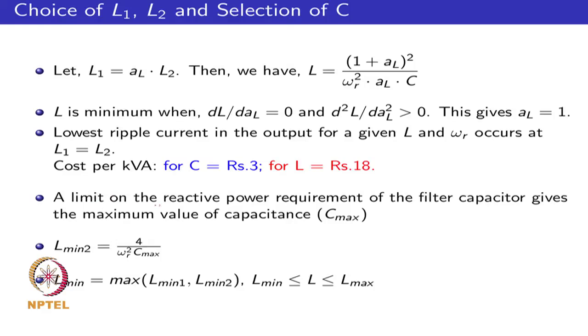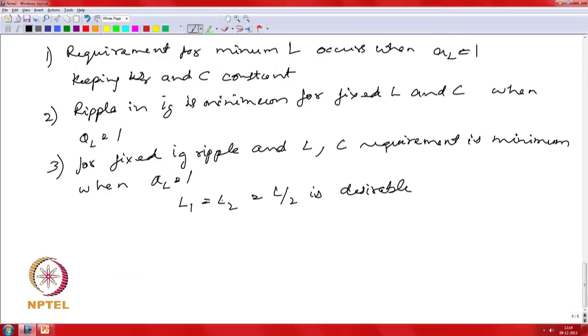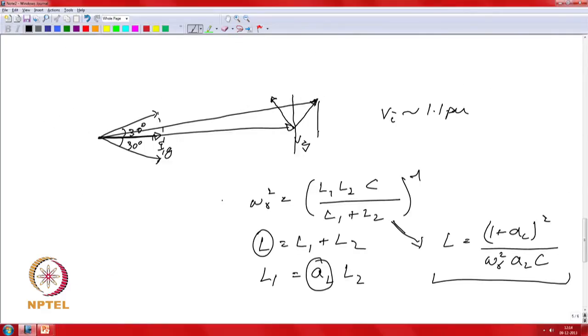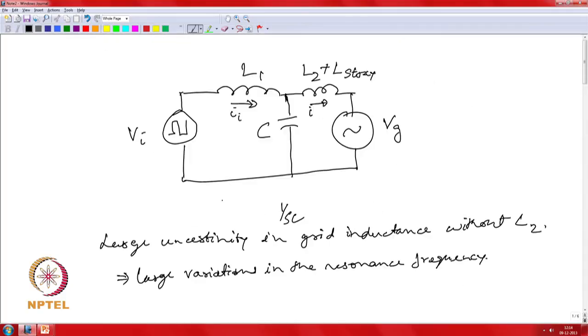You also have one more constraint on the LCL filter. If you look at the LCL filter while operating the power converter, at the fundamental voltage you have, say, 240 volts here and 240 volts RMS here.